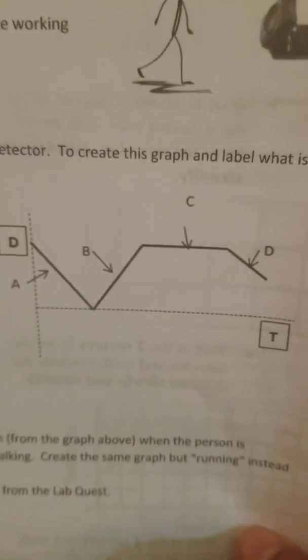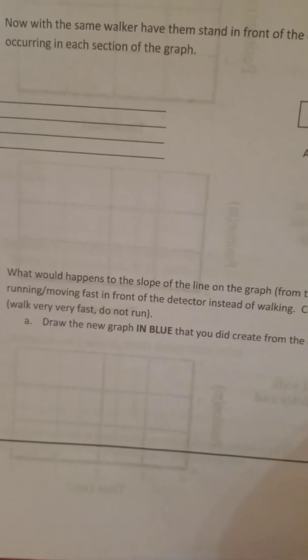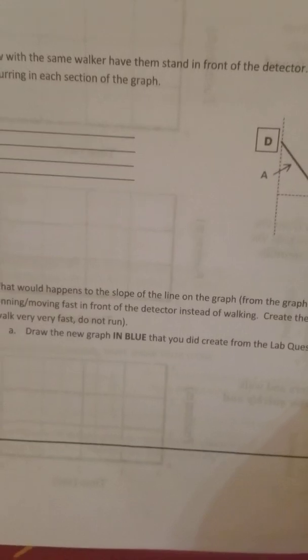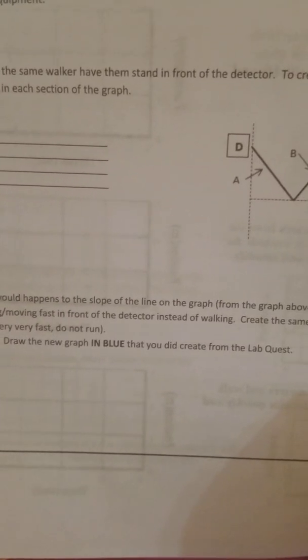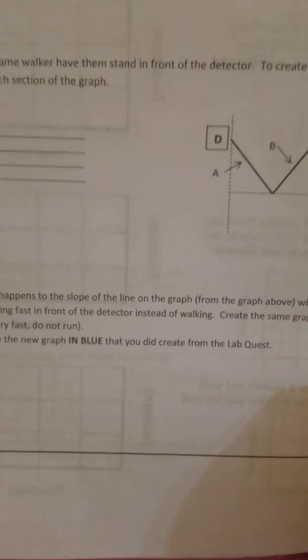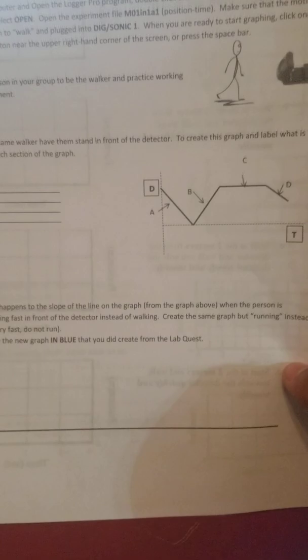Then we're going to do it again, the same motion of this DT graph, but we're going to go faster, and we'll do that in, let's say, blue. So black and blue are what we're using. I hope you've been looking at this lab because they actually are color-coded for different sections. Please use the correct colors that I'm asking you. So let's go ahead and get started.